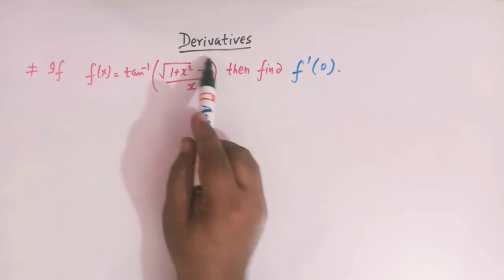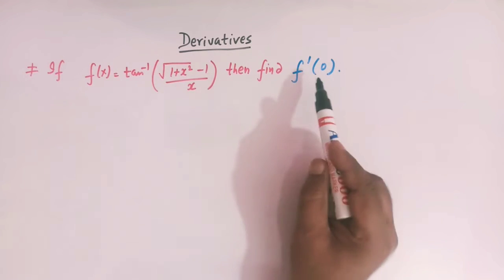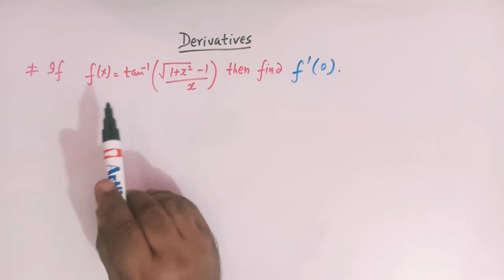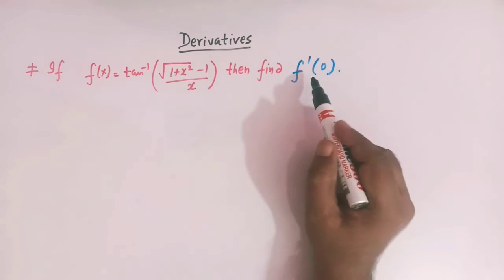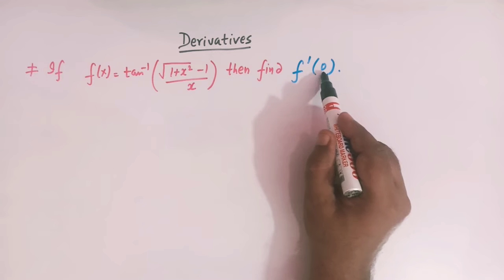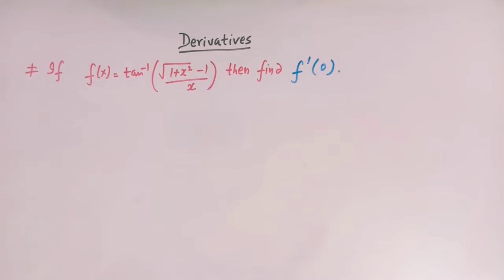So here we are given a function in this form, and we have to differentiate it, and then find the value of the derivative at x is equal to 0. So let us start. Now viewers, in these types of problems we usually make use of the substitution method.